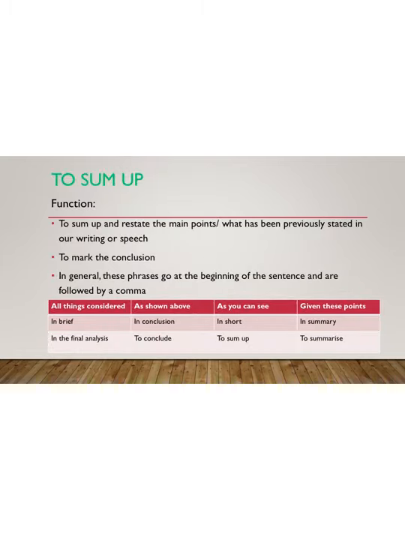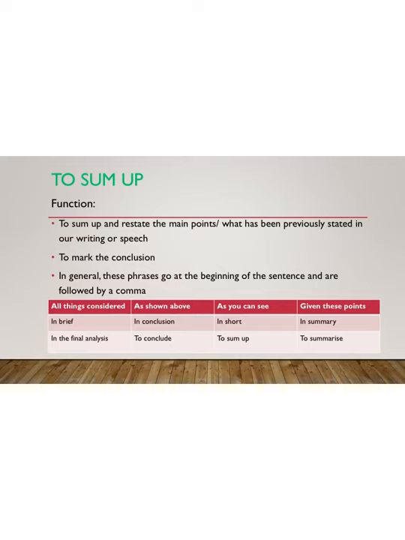Now let's go to another example of connectives, and that is "to sum up." We have different functions of this type of connective. The first one is to sum up or restate the main ideas, what has been previously stated in our writing or speech.